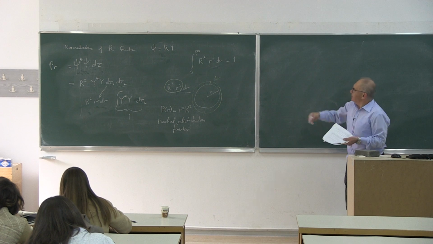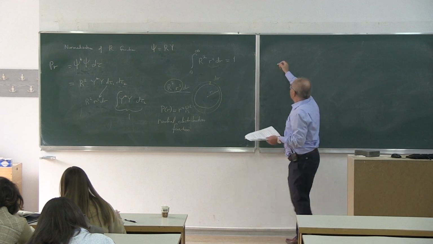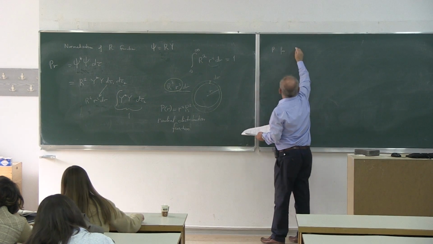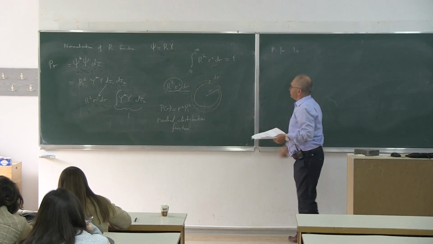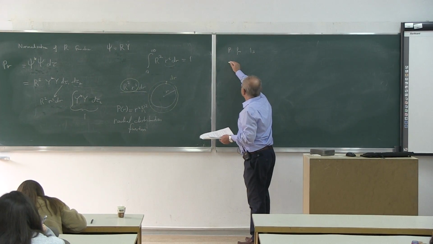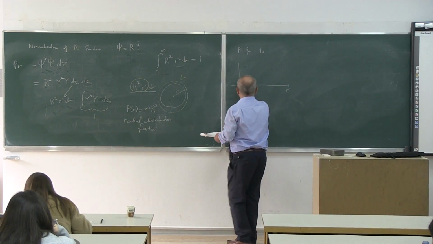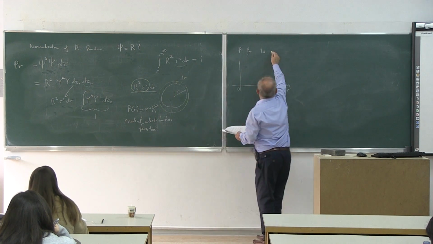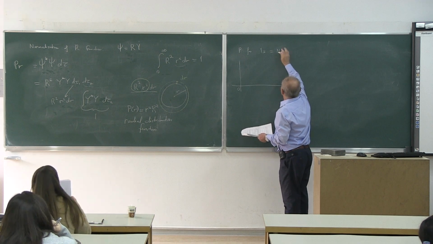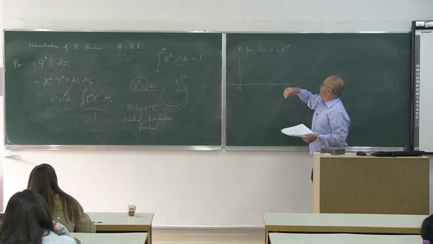All right, let us show the radial distribution function for several states. P for 1s R function. The 1s function is just normalization constant, which was 2, 2 times e to the minus r. All right.